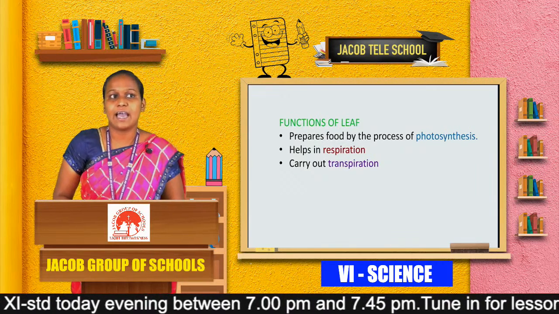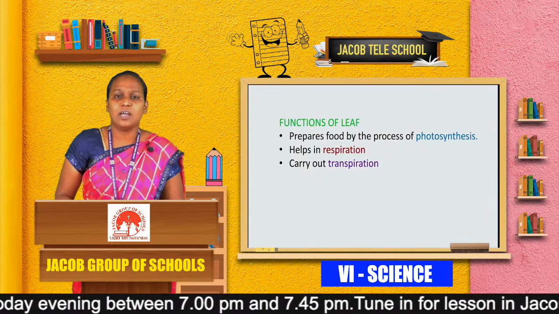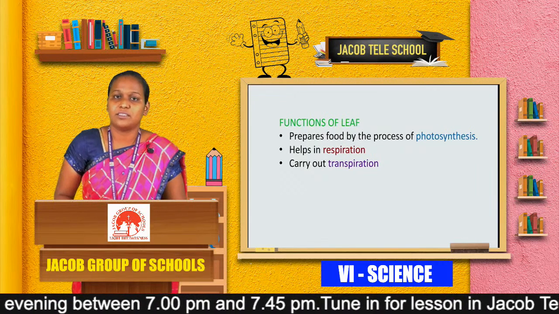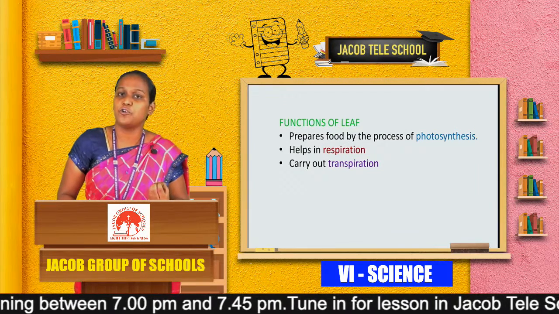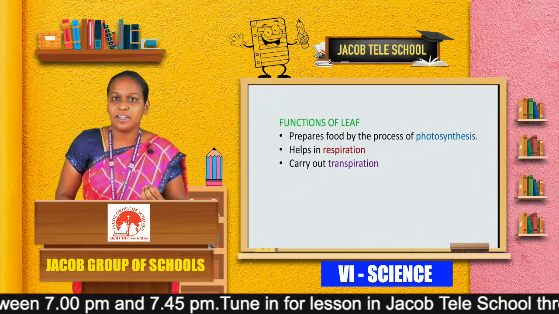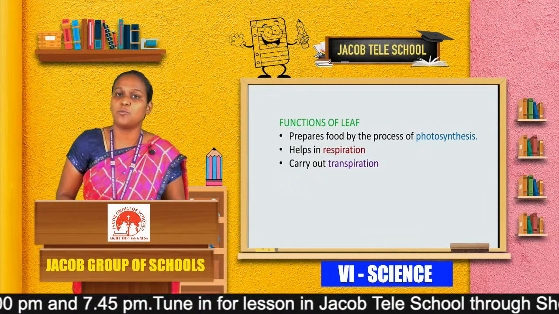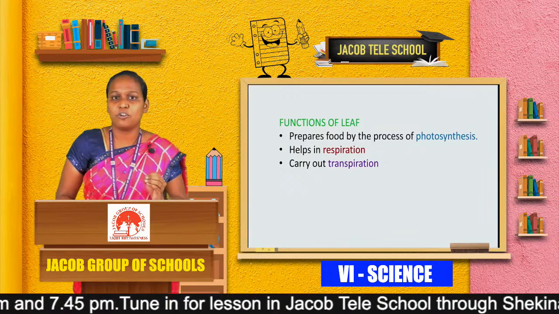And last one, it carries out transpiration. Roots absorb water and minerals, but during the photosynthesis process the plant needs only a little amount of water.